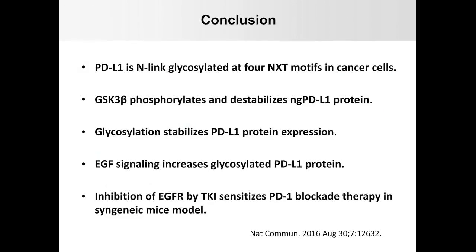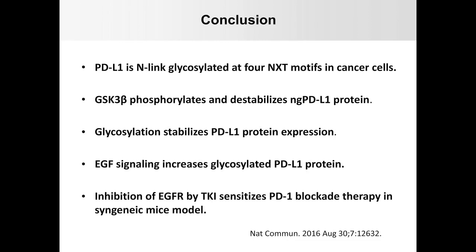So the conclusion of the first part of my talk is that we found PD-L1 is N-linked glycosylated at the NXT motif. GSK3 beta can phosphorylate and destabilize non-glycosylated PD-L1. And glycosylation can stabilize PD-L1 by preventing GSK3 beta from binding to non-glycosylated PD-L1.